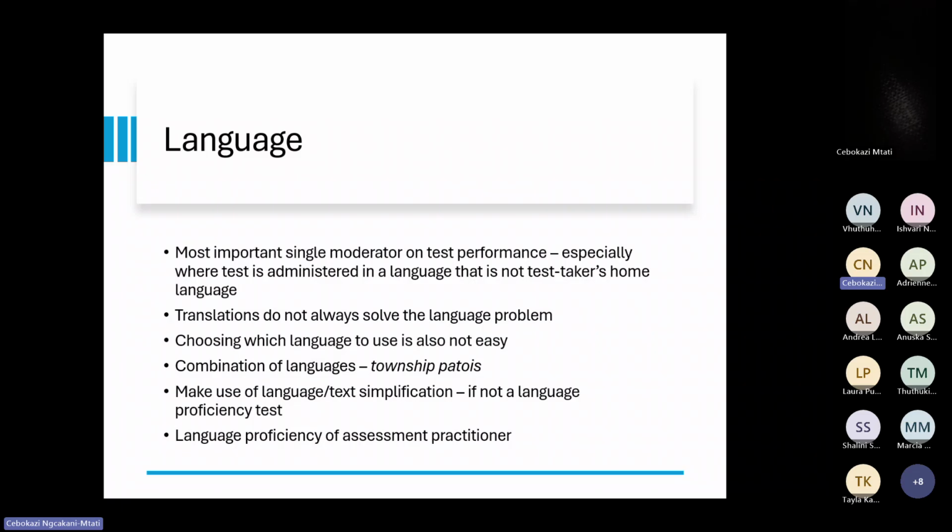Okay. And then if, let's say you decide to use the home language, I need to understand why you are using the home language. But actually the best thing to do within our context is to use the language of instruction at school, because usually when we get referrals for assessments, it's because there's issues at school.